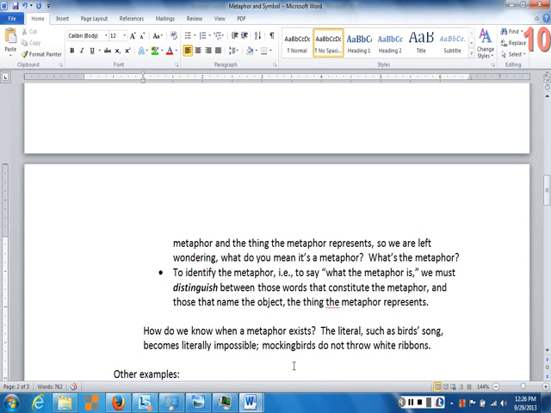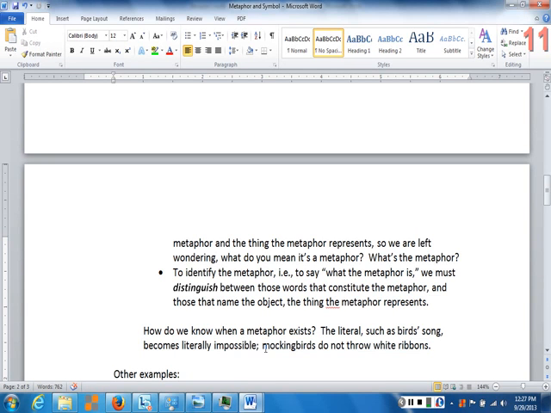But then she goes on to refer to white ribbons being spun and tossed. Mockingbirds do not spin or toss white ribbons. We know this is not literally possible, right? So we say, okay, well, that business about tossing and spinning white ribbons must be meant metaphorically.